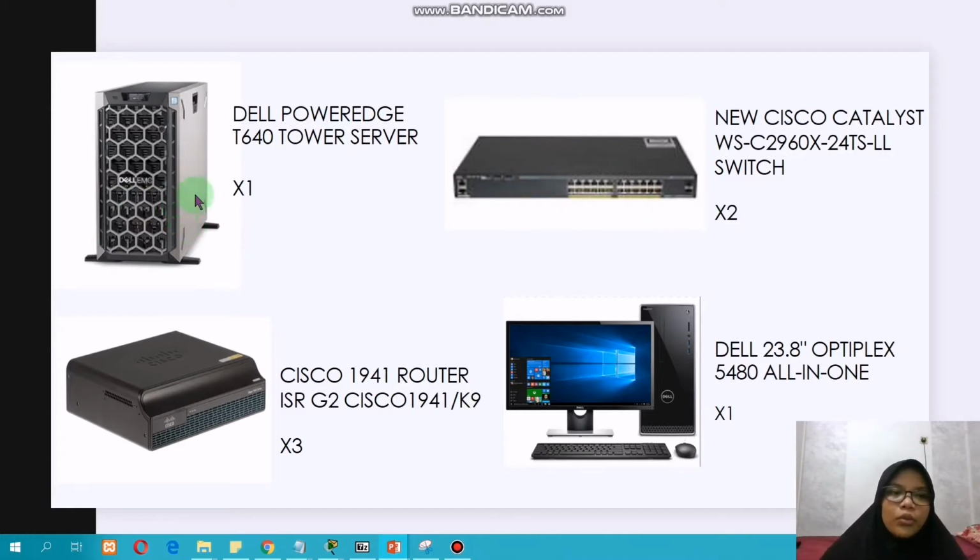I use one tower server, which is a Dell PowerEdge T640 tower server, and two switches, which are Cisco Catalyst WS-C2960-24TT-L, and I use 3 routers, which are Cisco 1941 router ISR G2 Cisco 1941/K9, and last I use one PC, which is a Dell 23.8 inches OptiPlex 5480 all-in-one.